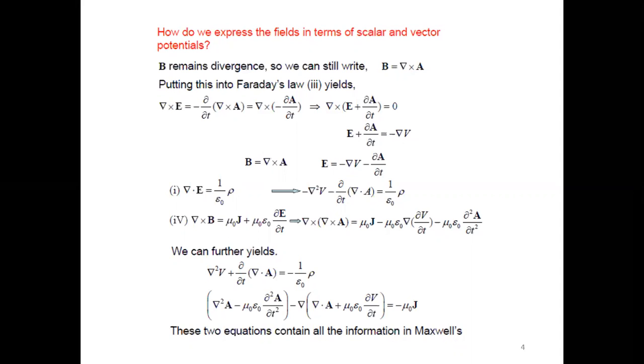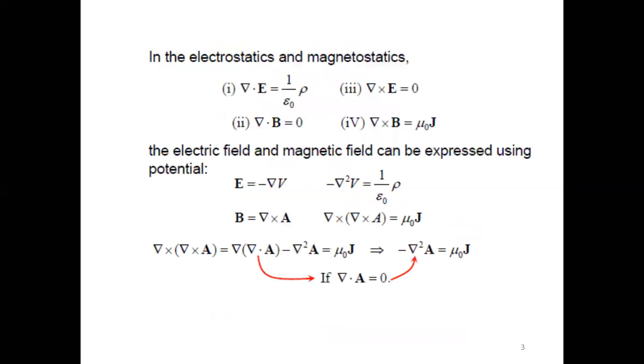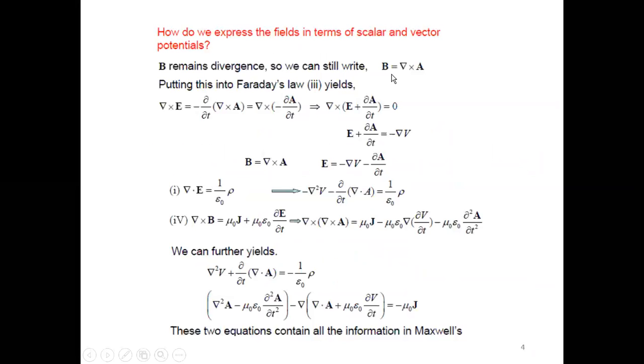And what happens to Maxwell's fundamental equations when we substitute the relationships B equals curl of A and E equals minus grad V? Let us now change our Maxwell equations in terms of the electromagnetic potentials.